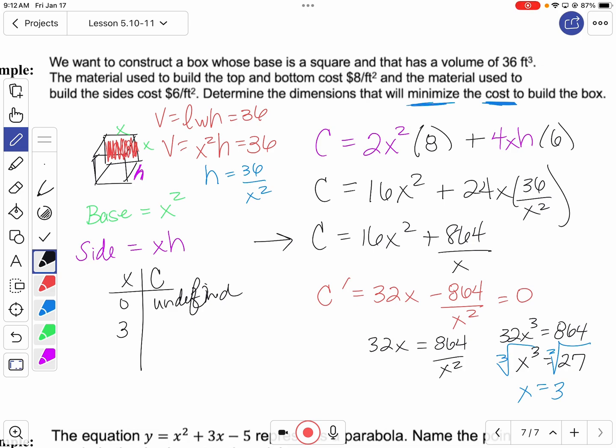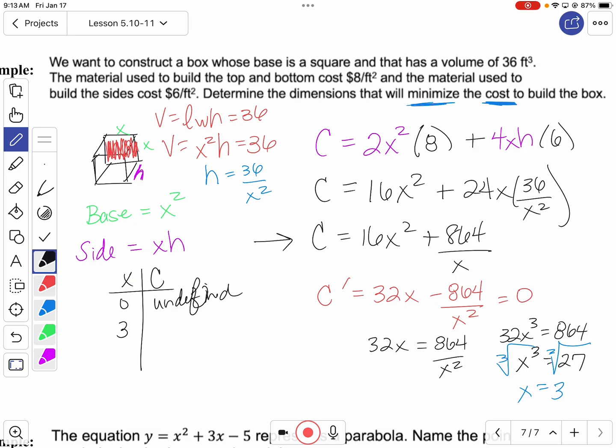Now think for a second about the max. Any ideas on what the maximum x would be? I'll give you a hint. It goes back to your volume function. If x were larger, like 18 times 18 times the height, that's going to be more than 36.